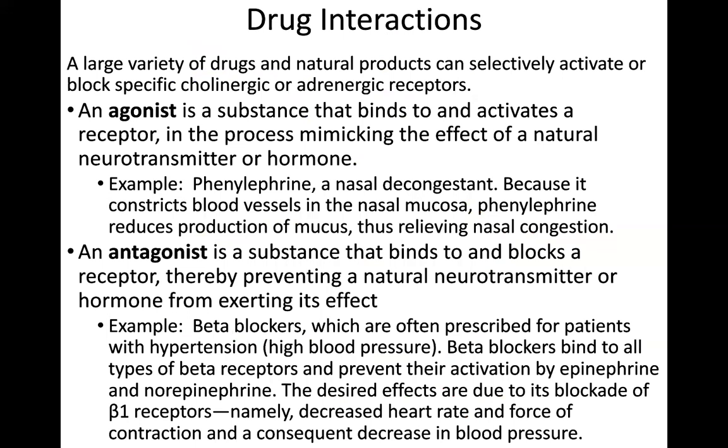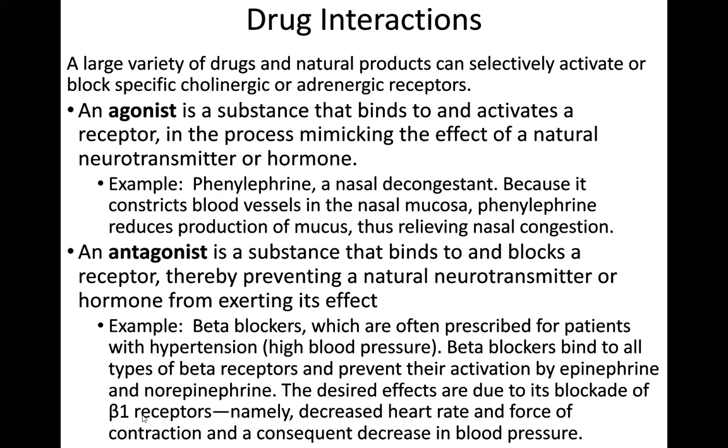Beta blockers are very commonly prescribed medicine. A lot of people are on them because there are, unfortunately, a lot of people with hypertension or high blood pressure. People that are at high risk for things like heart attack and stroke will often be on beta blockers. It blocks those beta 1 receptors in the heart, and that's going to prevent the action of epi and norepi, which, as we just learned, binding to beta 1 receptors increases heart rate and force of contraction.